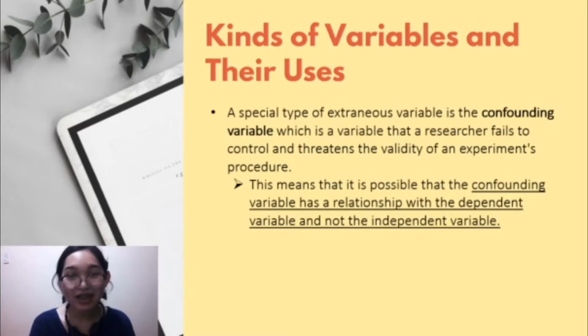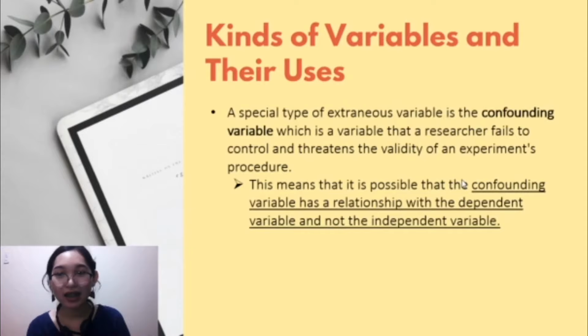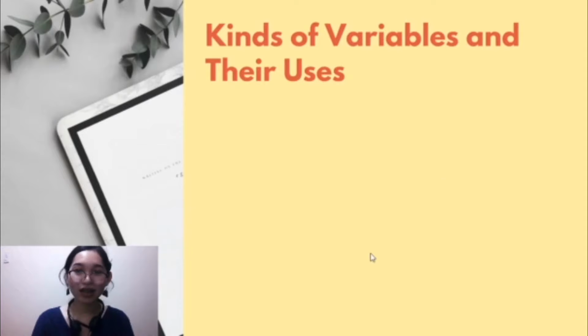Okay? To better understand, balikan natin yung sa rats at saka sa blueberries. Tandaan ninyo na si confounding variable, meron pala siyang relationship sa ating dependent, yung variable na nababago, and hindi sa independent variable.